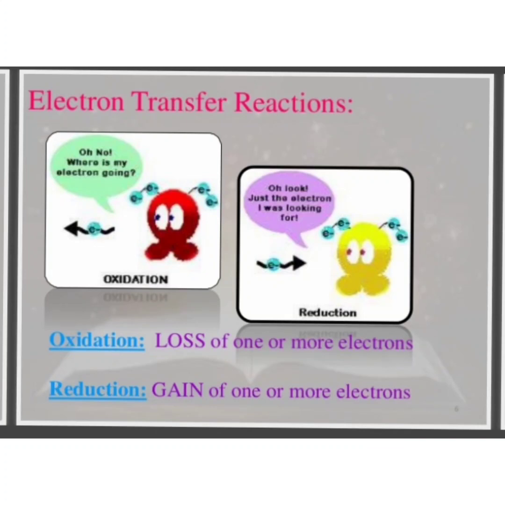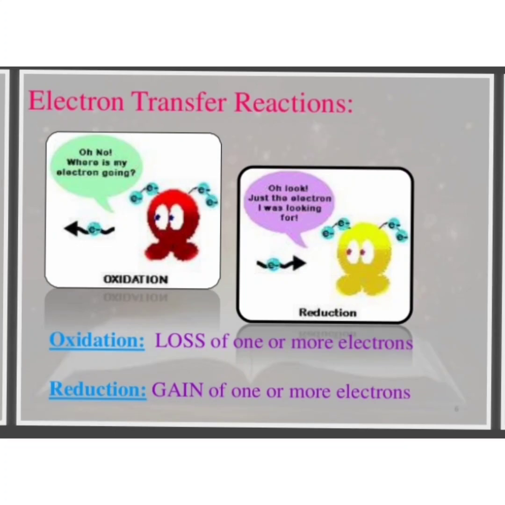For example, metals such as sodium or potassium have an extra electron in their valence shell, therefore they can easily lose their valence electron or undergo oxidation reaction.